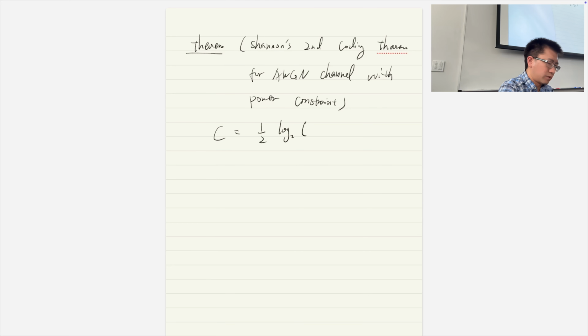That's exactly what we have seen before. Here the log, we take base 2, then it will give the unit of bits. We need to be careful on the unit of it. It's not bits per second, and it's not bits per hertz. It's bits per channel use. We use the channel one time, and this is the number of bits we can transmit.